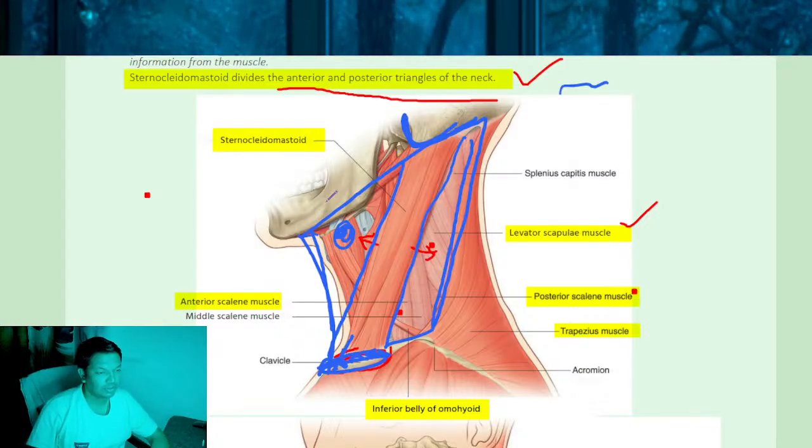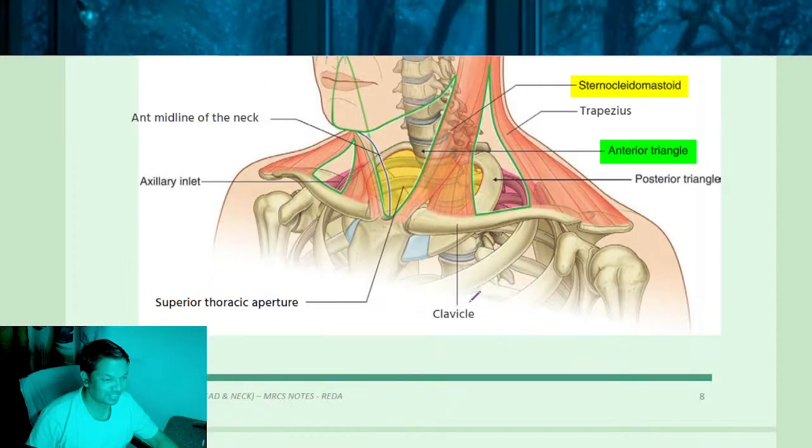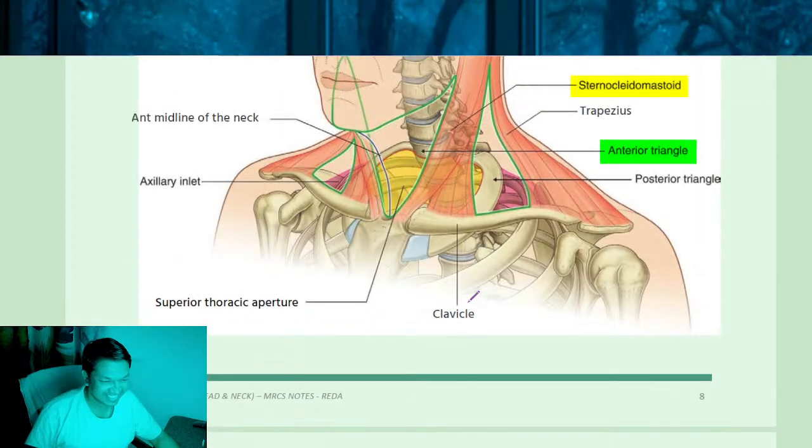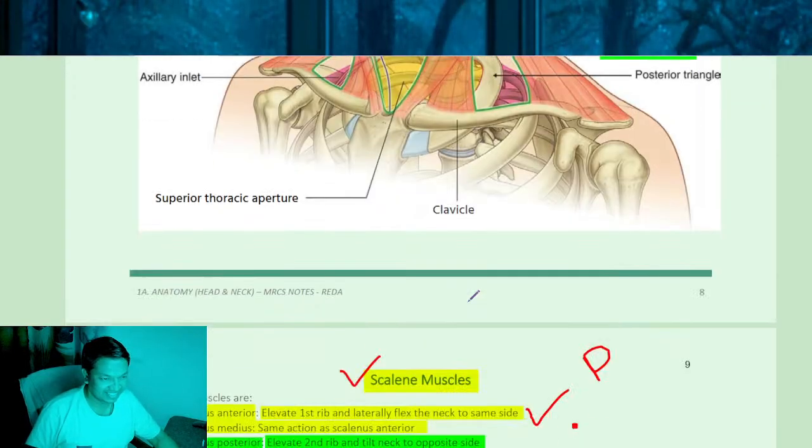Another one is your homework. Okay, scalene, I think so.